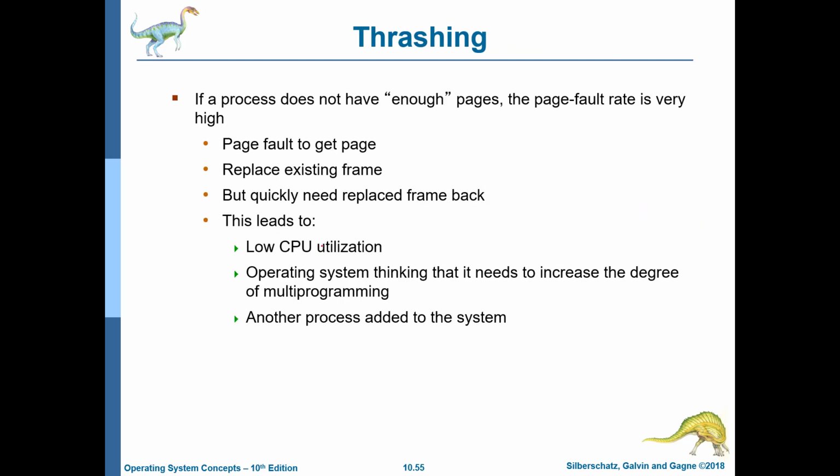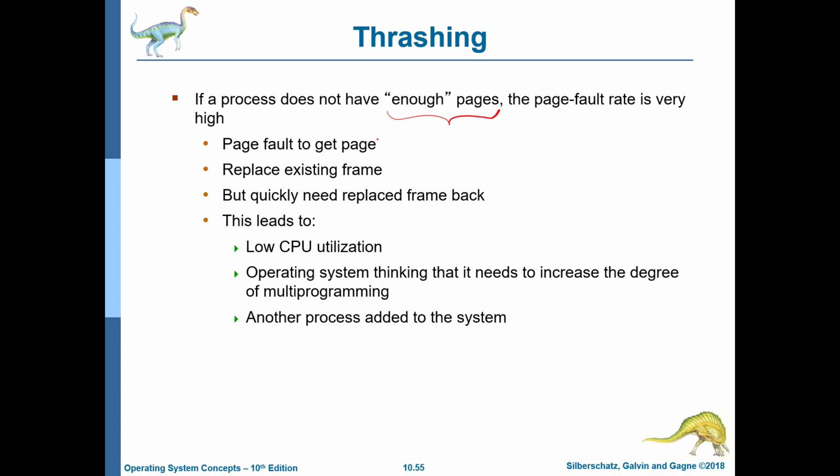Let's now discuss a phenomenon which is present in all kinds of systems, both UMA (uniform memory access) systems and non-uniform memory access systems. Let's say that a process does not have enough pages in memory, then it will have a lot of page faults.